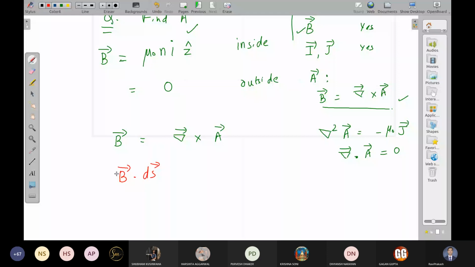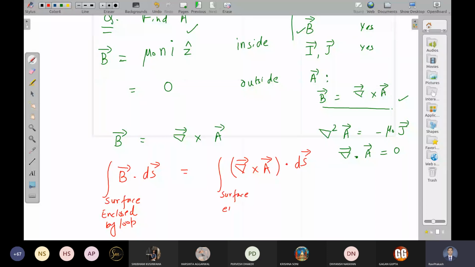Surface enclosed by loop. And what we have on right hand side then? Same surface enclosed by loop.